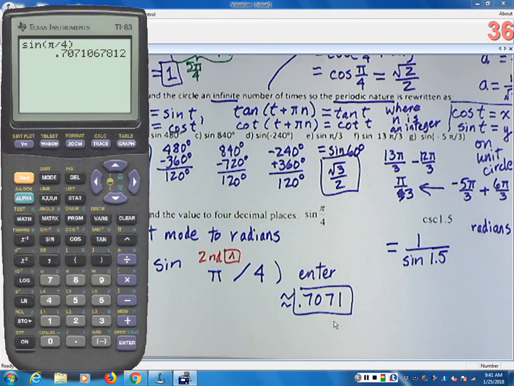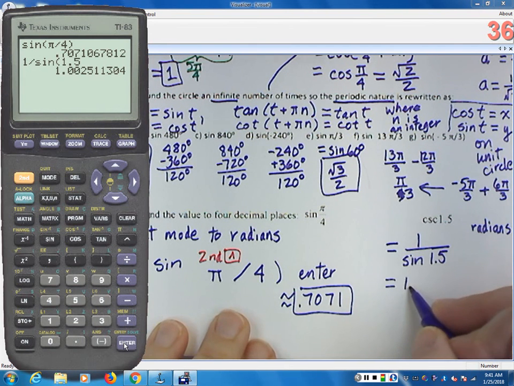So leave it in radians. Do 1 divided by sine of 1.5. To 4 places, it's approximately 1.0025.